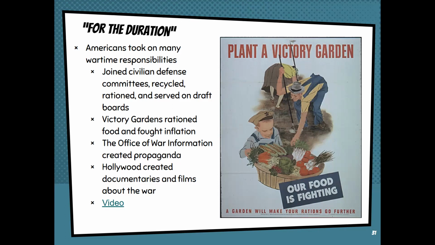The idea is grow your own food, eat that food, and then you don't have to buy food from the grocery store. Because just like in World War I, the fear is if everyone's buying food plus the government is buying food to send to soldiers and our allies, that the price would increase so much it would lead to inflation that could hurt our economy. And so the government wants inflation to stay low.